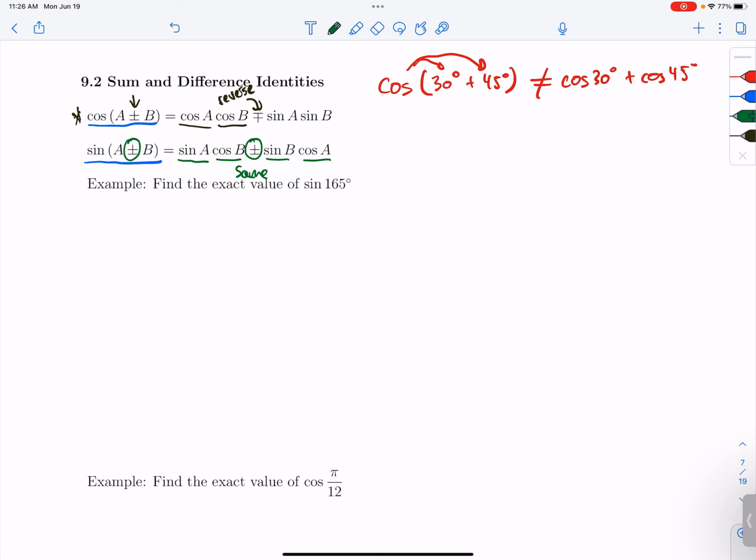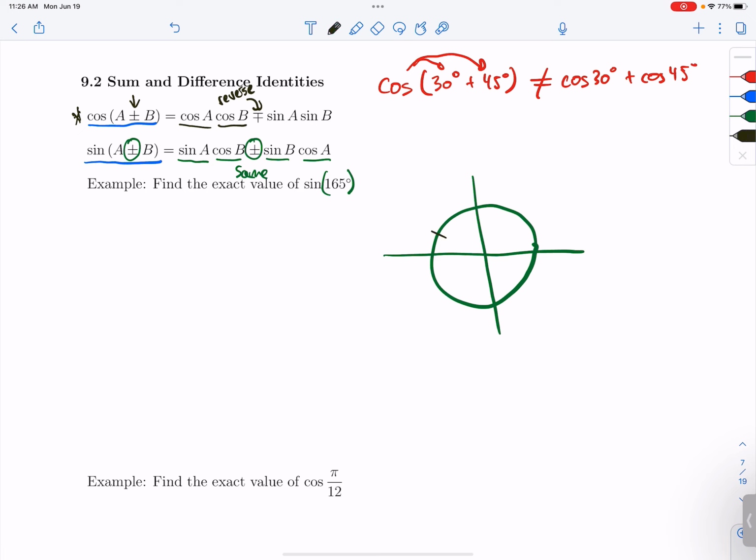The first one says, find the exact value of sine of 165 degrees. Now, thinking about what's on the unit circle, 165 degrees is not one of the normal angles that we know on the unit circle.